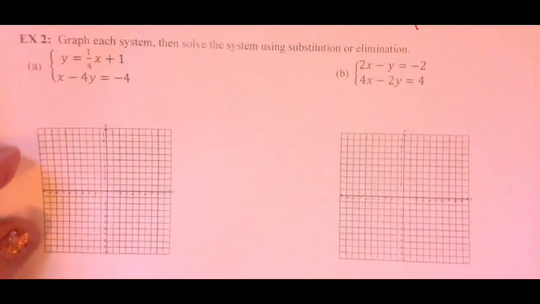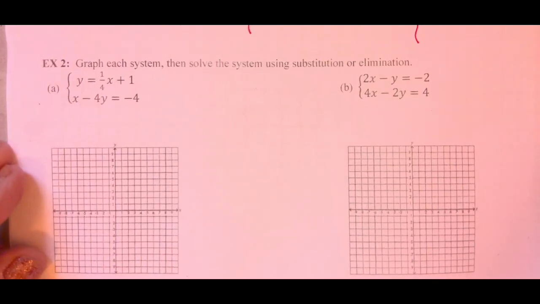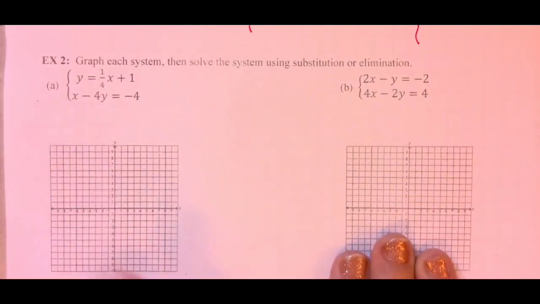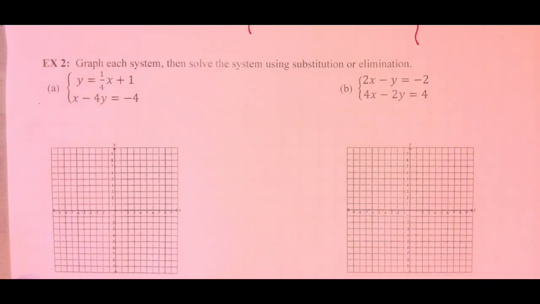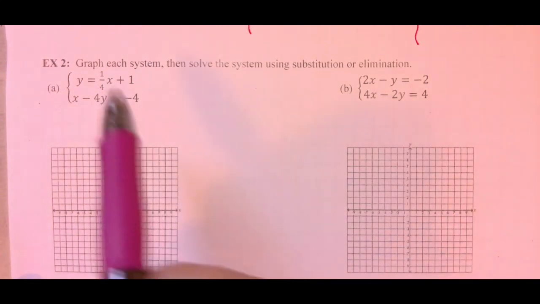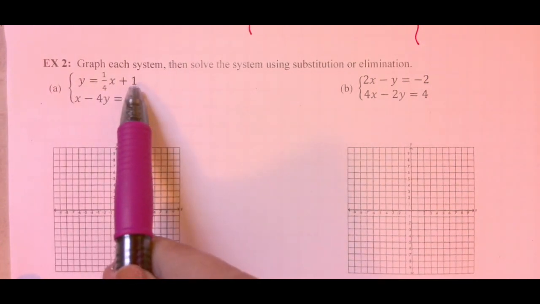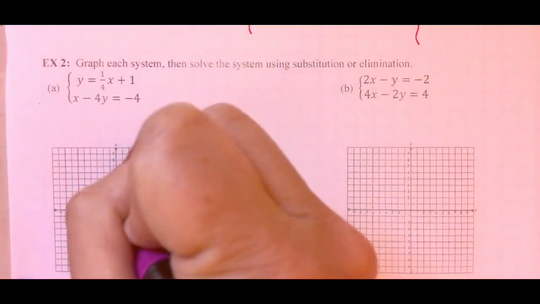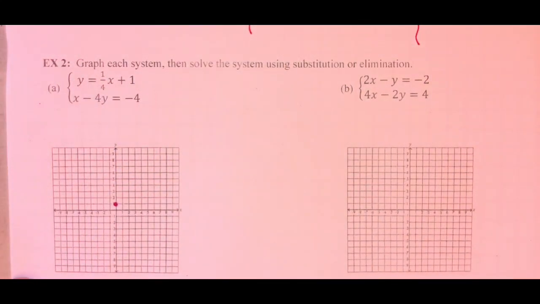Okay, lastly, I'm going to show you the 2 special cases. So here I'm saying let's graph each system and then solve using one of the 2 methods. Let's say I look at that very first one. I see that that's in slope-intercept form. So my y-intercept is at 0, 1. So I start there and build off of that with a slope of 1/4.